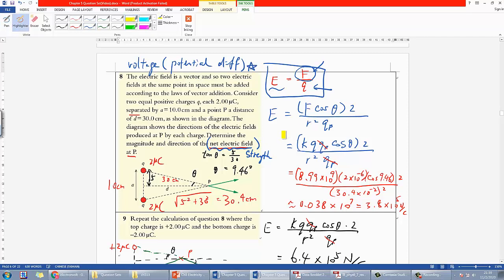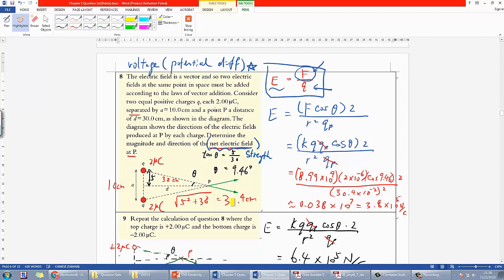For this one, first of all, you really have to understand the idea of vectors quite well. The diagram already shows two forces acting on P as a test charge, given by these two red charges. Since all of them are positive charges, they repel each other, and that's why you get the two green arrows here.